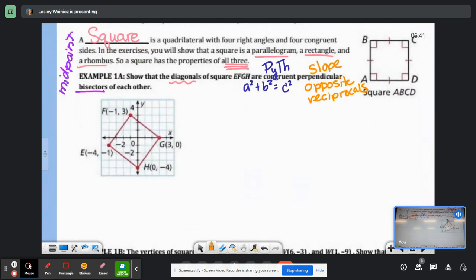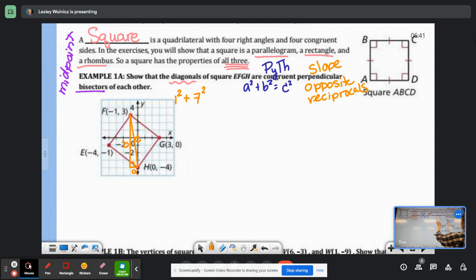Okay, so here is a diagonal. What I want to do is make a right triangle where this is our C, that's our hypotenuse, and here my little legs are the A and the B. So my first leg, my A, is 1 squared plus B is 1, 2, 3, 4, 5, 6, 7 squared.